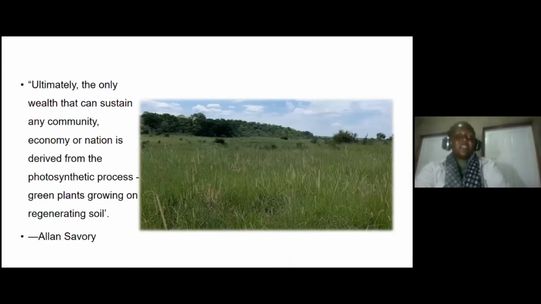Okay, so there's this quote that I really love. It was said by Alan Savory. It says, "Ultimately, the only wealth that can sustain any community, economy, or nation is derived from the photosynthetic processes, which is green plants growing on regenerating soil." It goes back to what we define as wealth. We're defining this today with communities so that we know where the true source of wealth comes from.